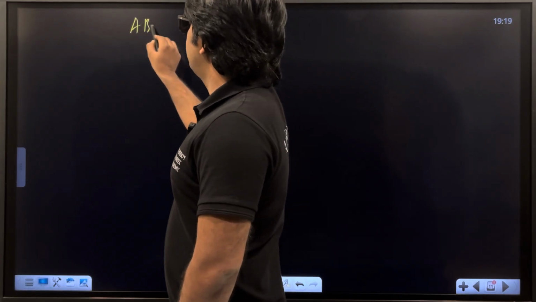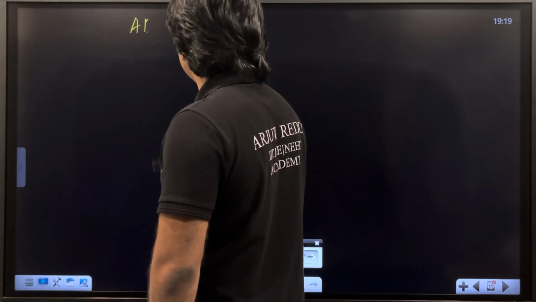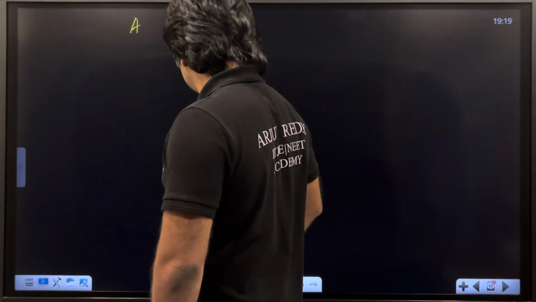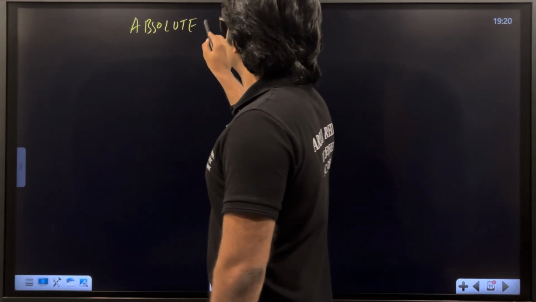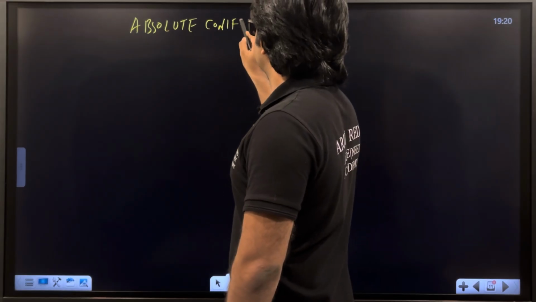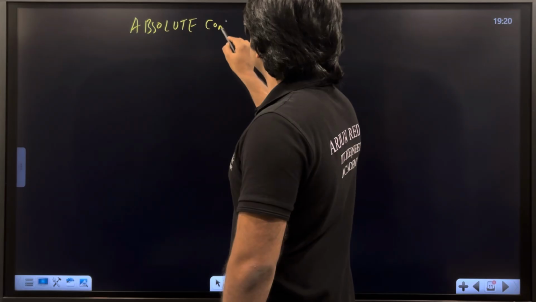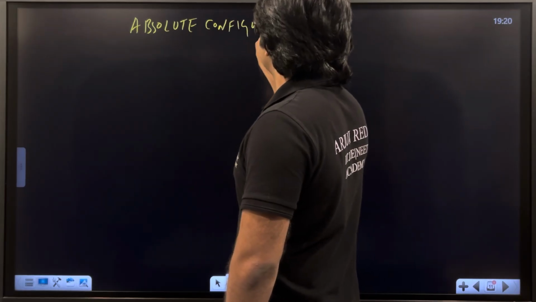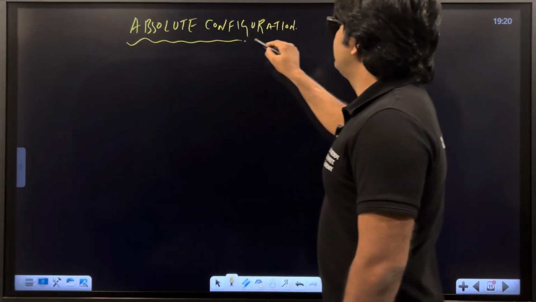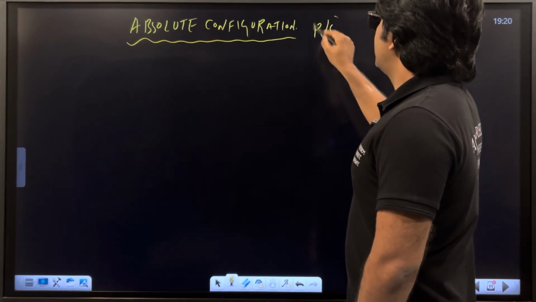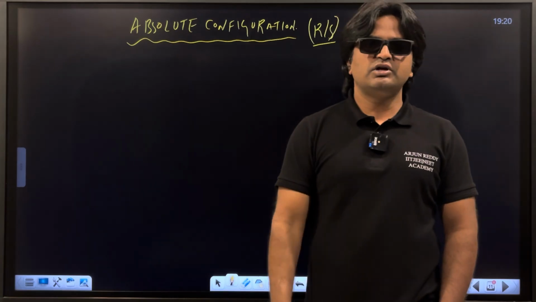Here, in the case of absolute configuration, this absolute configuration is also known as RS configuration. Okay, RS configuration comes under absolute configuration.